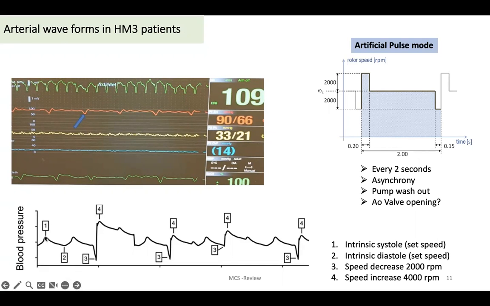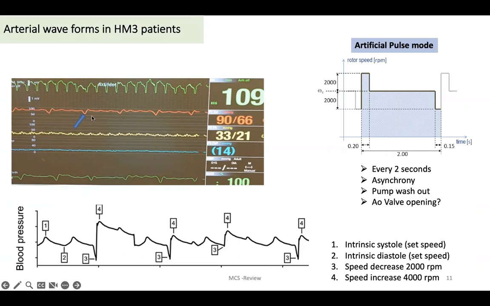What you see, if you look at the schema of the curve, is that the 1 and the 2 are related to the native systole and diastole pulse, the 3, the deep plateau, corresponds to the decrease of 2,000 RPM, and the 4, this little peak, corresponds to the increase of the speed by 4,000, and then you go back to baseline speed.